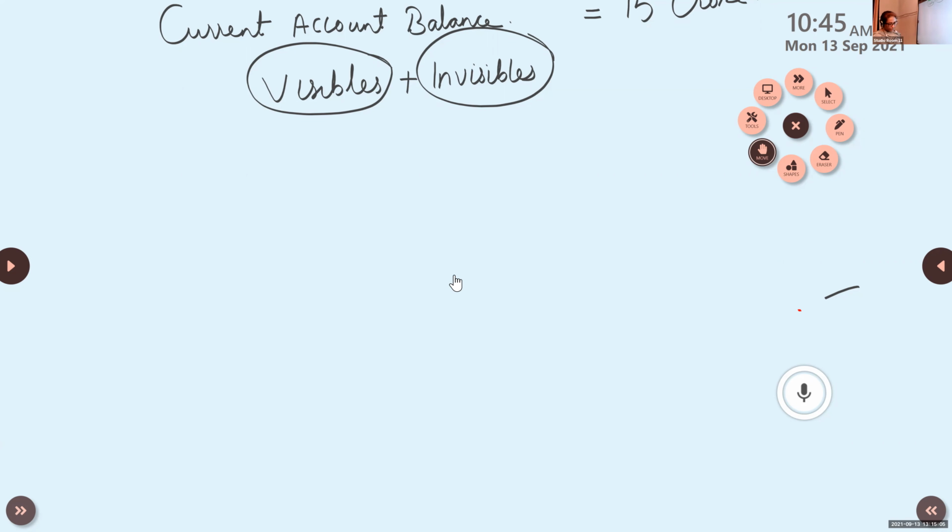Is the overall balance of payments balanced? Whether the balance of payments is in balance or not, that is what they are asking.